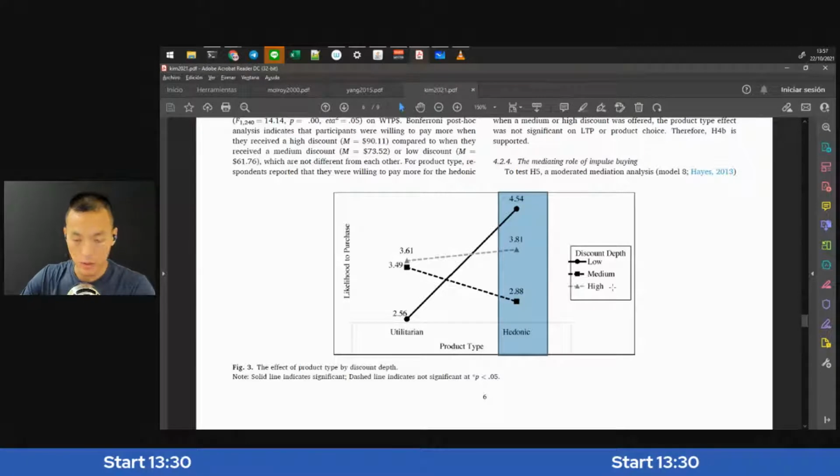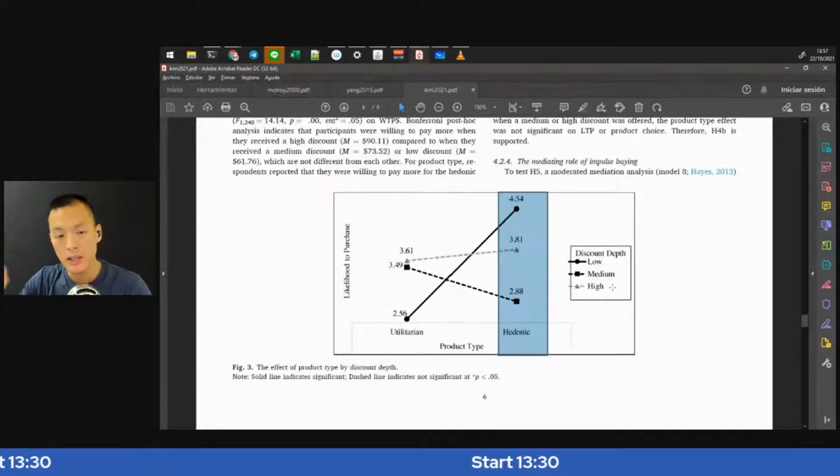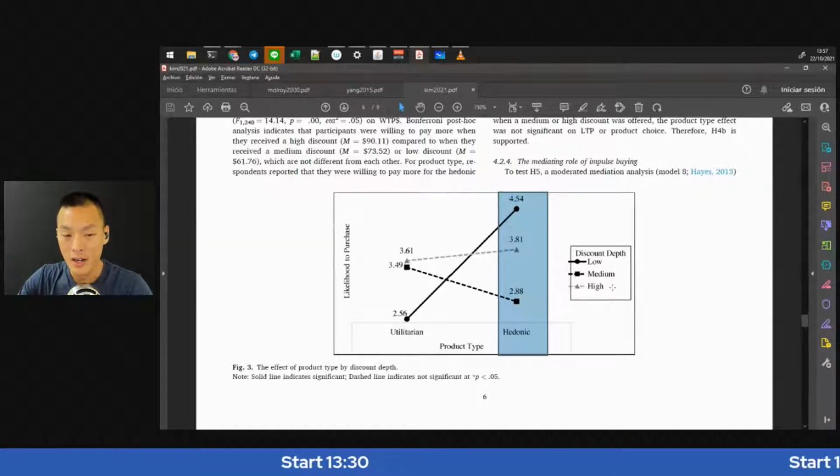Before we have read this paper, we would have thought that the bigger the discount is, the more likely it is for the customers to purchase, right? And this paper has shown that it is not true. For hedonic items, the higher discount you give, the less likely the customer will purchase it, which is very counterintuitive.